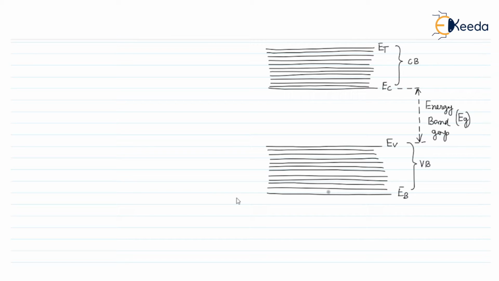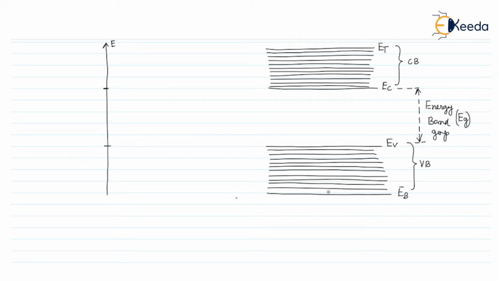Now, if we draw the E-k diagram, it will look like this. Let us denote this axis as the kinetic energy of the electron, and this is the EC level and this is the EV level.